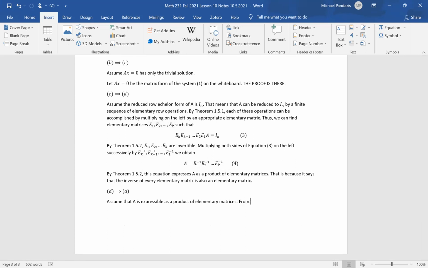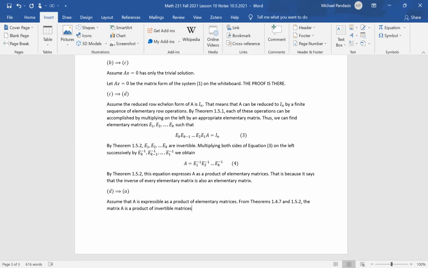Okay, so from theorems 1.4.7 and 1.5.2, the matrix A is a product of invertible matrices because every elementary matrix is invertible.